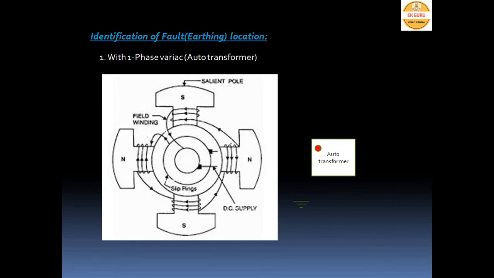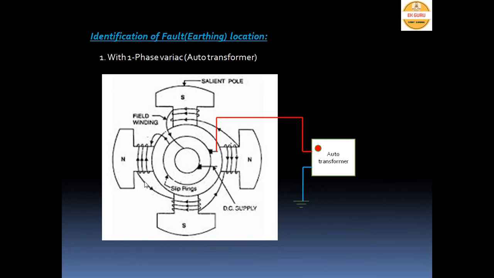Here, for an auto transformer or single phase variac, the phase is connected to one of the slip rings, and the other slip ring lead is left open. The neutral of the auto transformer is connected to ground.